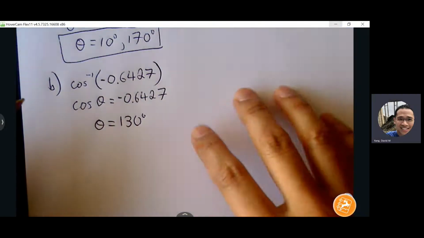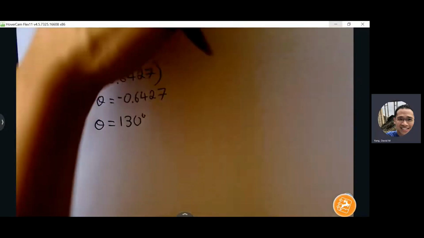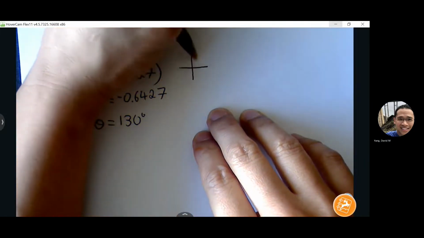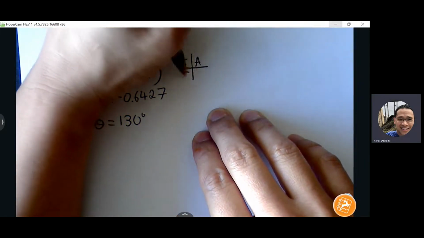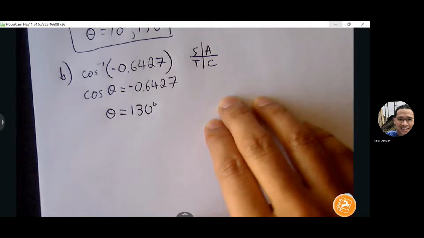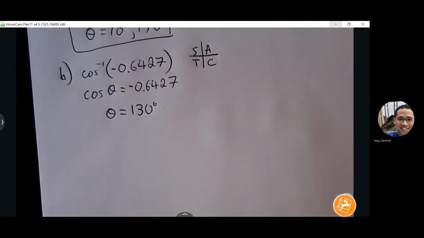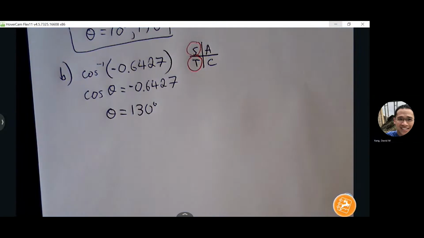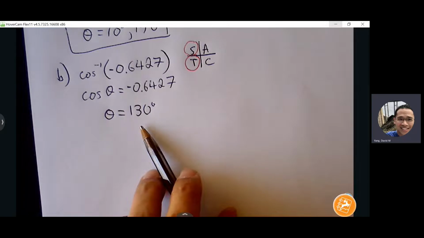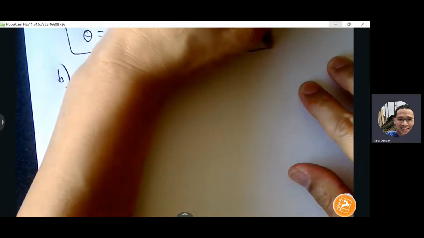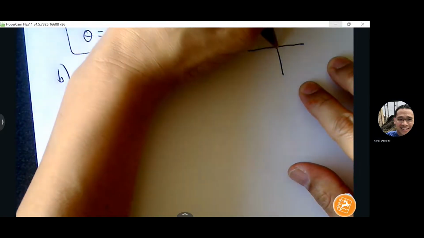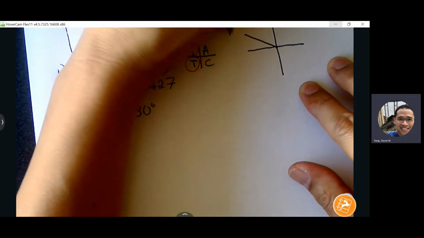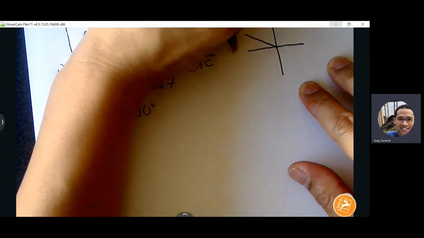Okay, let's step back for a moment. Which quadrant are we considering here? Good. If we want something related to 130 degrees in the third quadrant, go ahead and put 130 degrees in the second quadrant here.